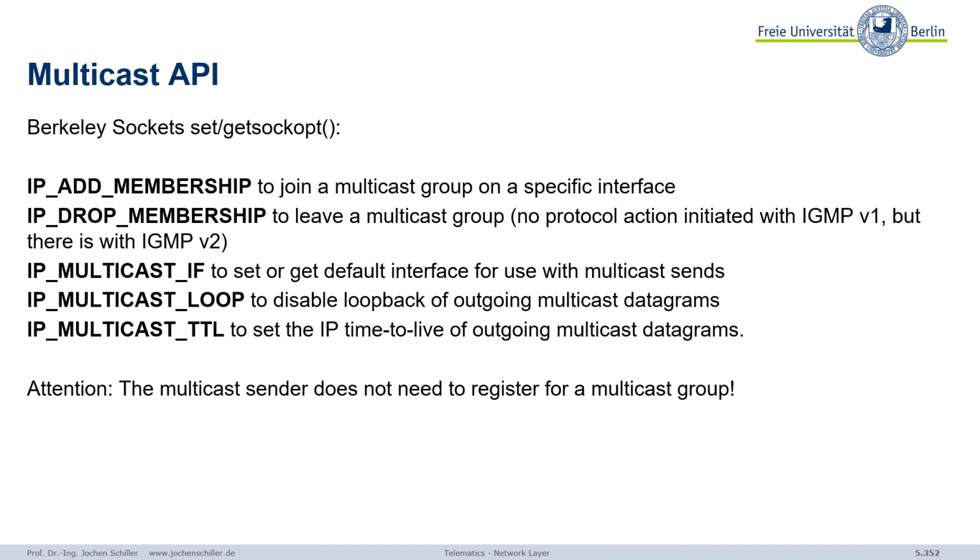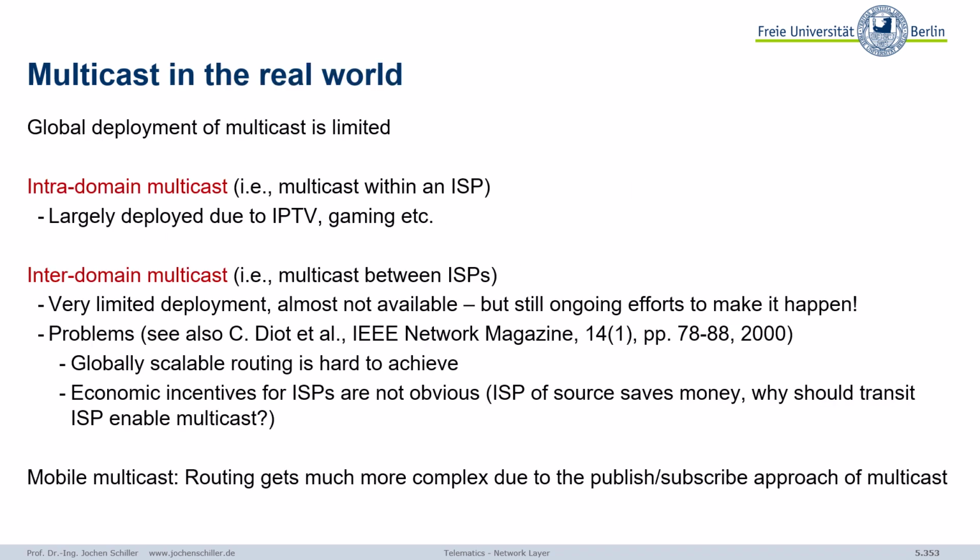What happened to multicast in the real world? I just said a second ago, it could be deployed a bit more. So the global deployment of multicast is limited. That's also a reason why I really didn't go into all the details of multicasting. Yes, it is used.